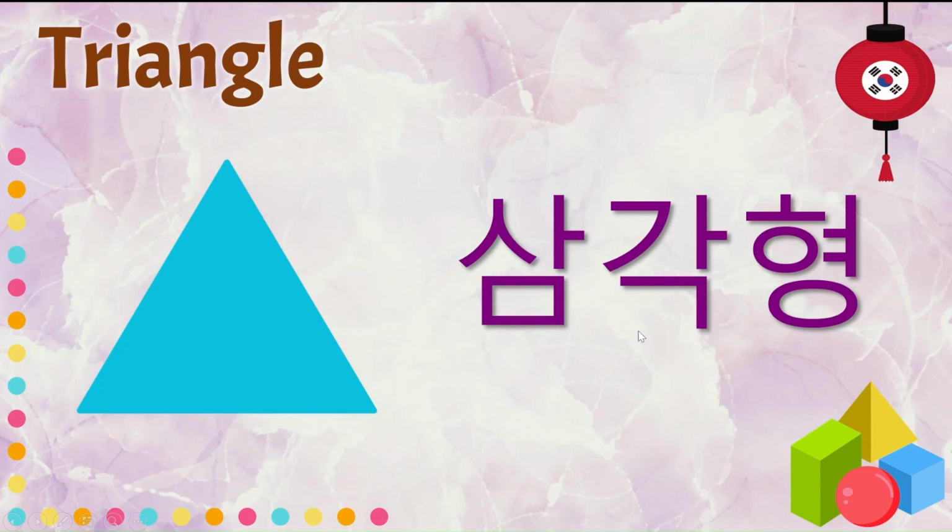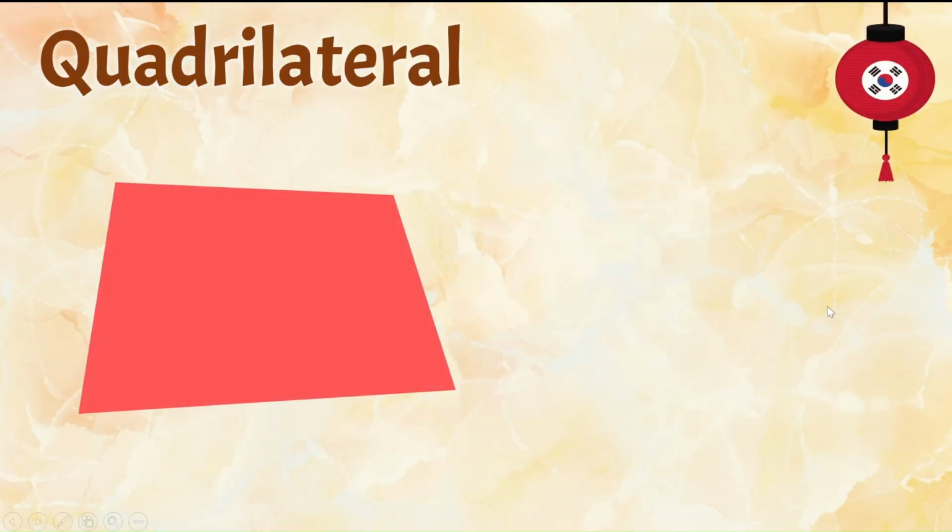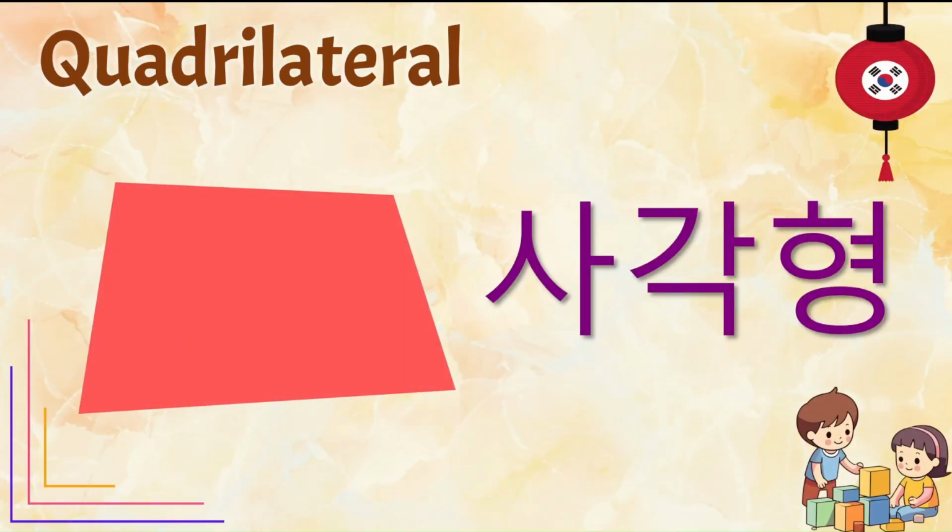So it is samgakhyeong. Now let's see how to say quadrilateral in Korean, and it is sagakhyeong. Sagakhyeong. Again, sa is four in Korean. And now we have attached the suffix gakhyeong. So a shape with four sides or four corners is a quadrilateral, and therefore it is sagakhyeong.